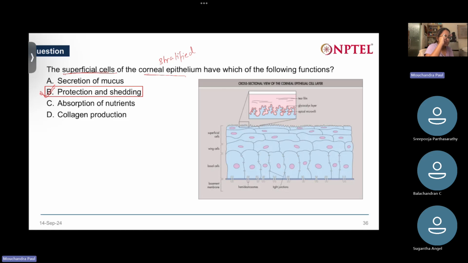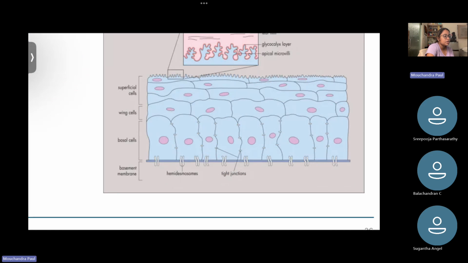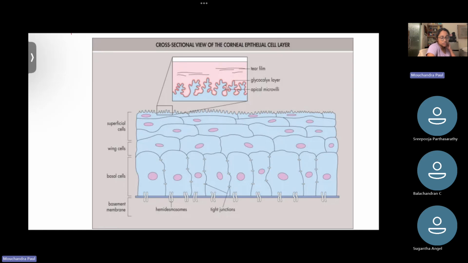So this is the diagram showing the cross-sectional view of the corneal epithelium that shows the different cell layers. As I talked about, the bottommost layer consists of some naive cells that have the capability to proliferate and give rise to a large number of daughter cells. So these are the basal layers. Just above the basal layers, there is a layer of cells called wing cells, and the topmost layer is called superficial cells.